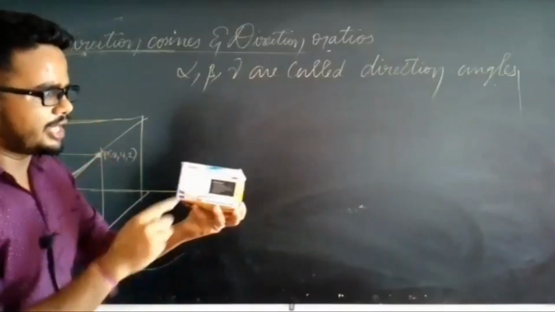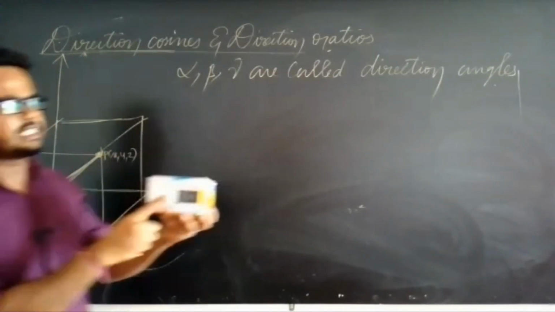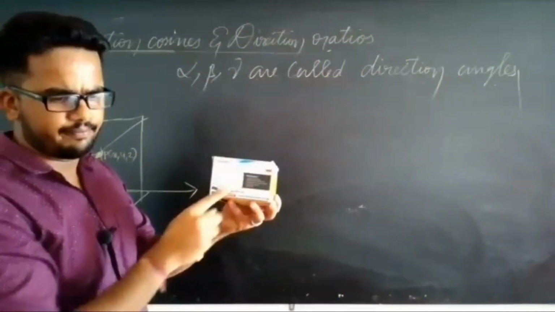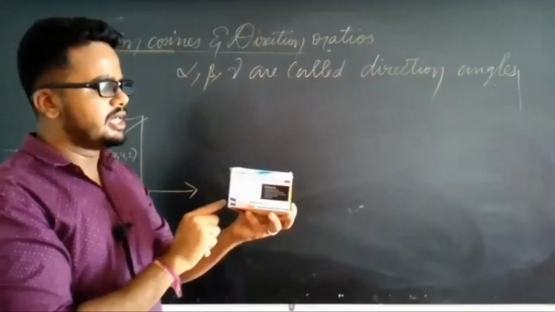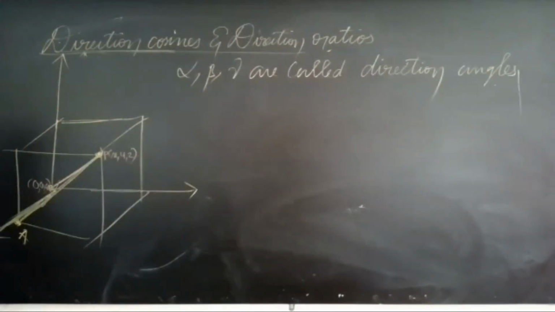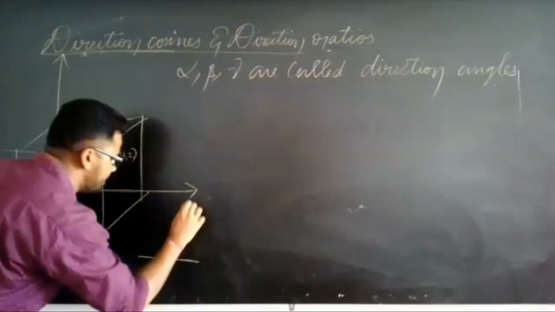Now I have joined this line. Which line? PA. Don't think inside. It is in this space. In this space, I have joined this line. So now what happens? This forms 90 degrees. This figure I will draw small.